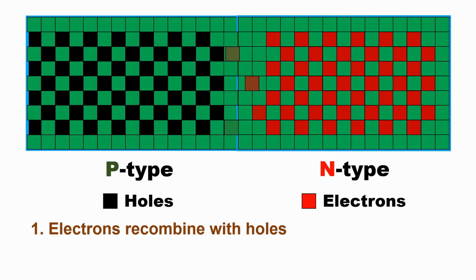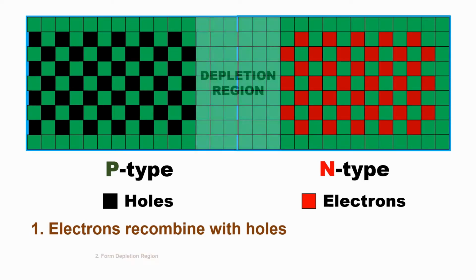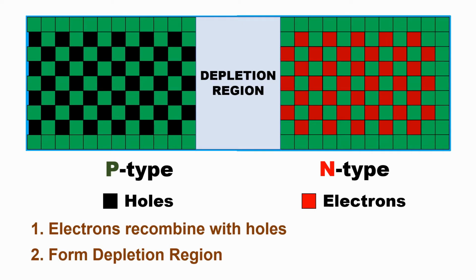Just like a magnet, if it is too far from other metals or magnetic materials, it will no longer be able to attract them. This leaves this space here without any free charge that can move and separates these two materials, and this separation is called the depletion region.